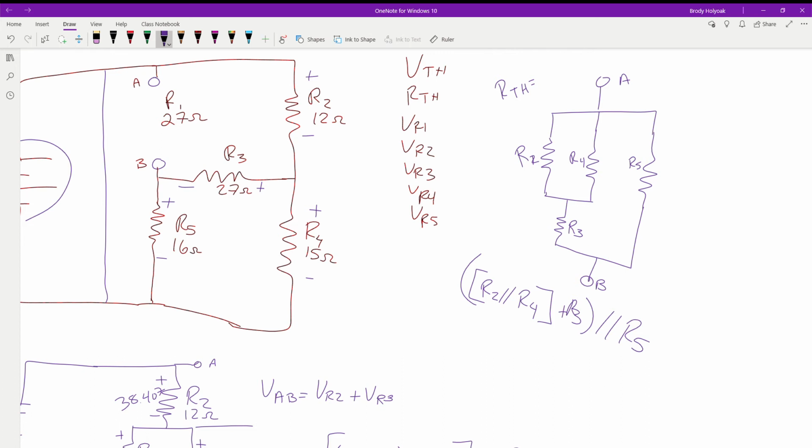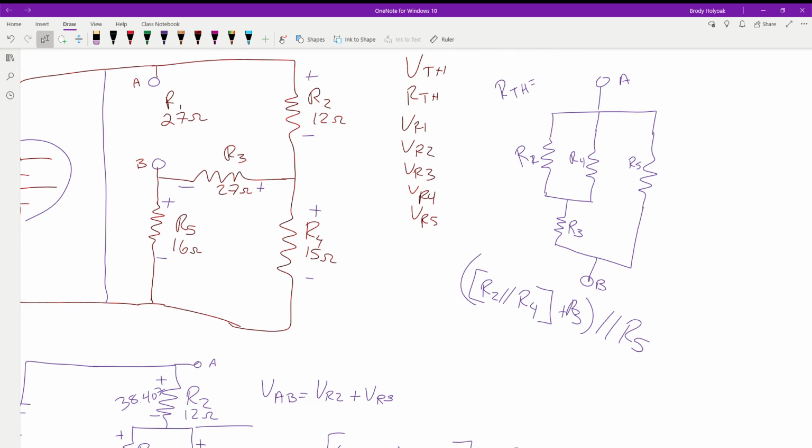Okay. So again, look at it piece by piece, component by component. We're treating points A and B as their own little entities, because that's where we're going to measure across to get our resistance. So you just start with one connection. So A, what's A connected to? R2, R5, and R4.